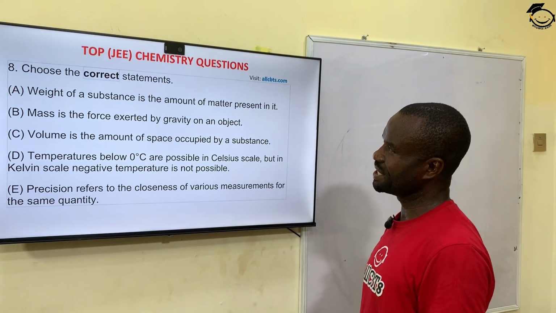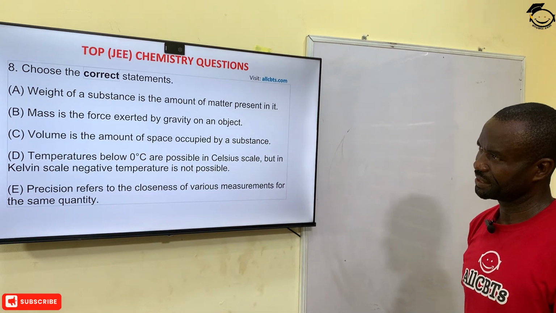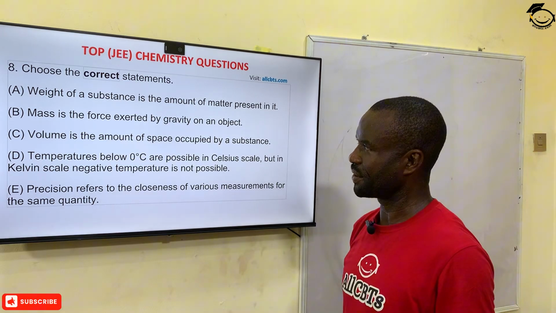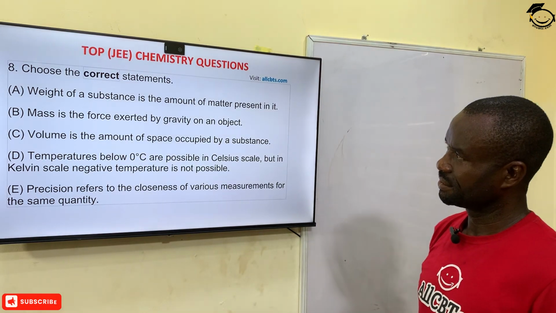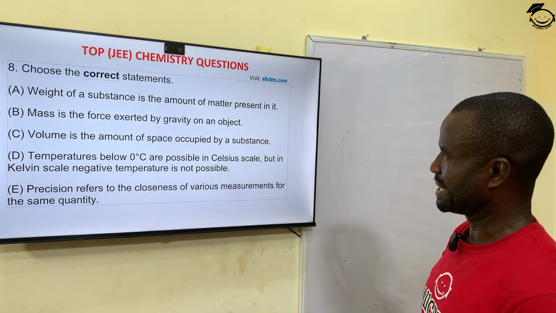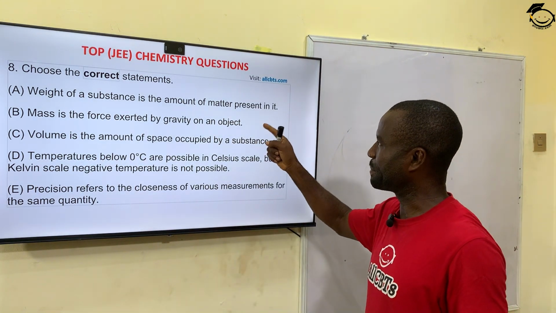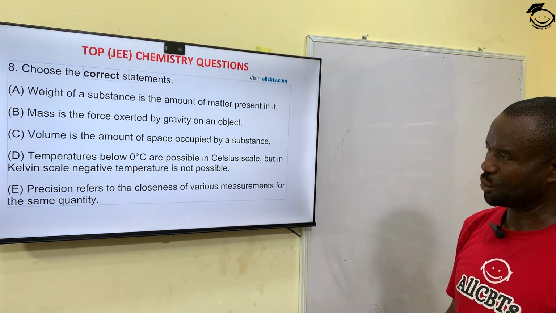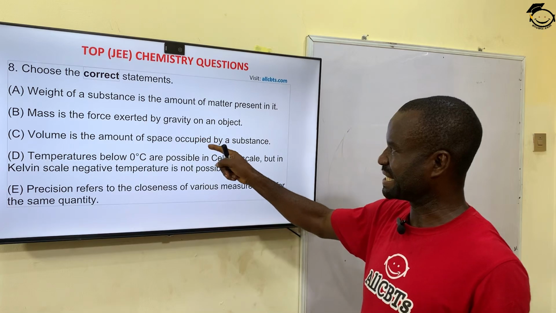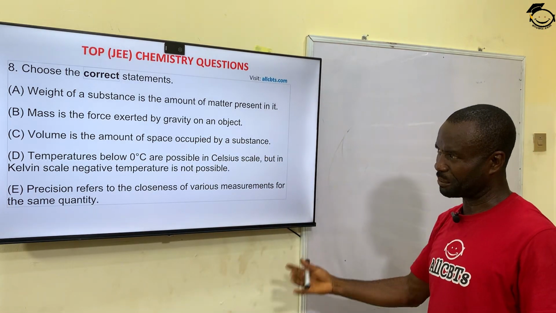Okay, the next question says, choose the correct statement. Of all these statements, which of them are correct? Weight of a substance is the amount of matter present in it. No. Mass is a force exerted by gravity on an object.